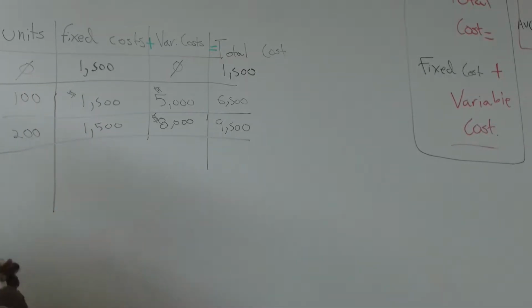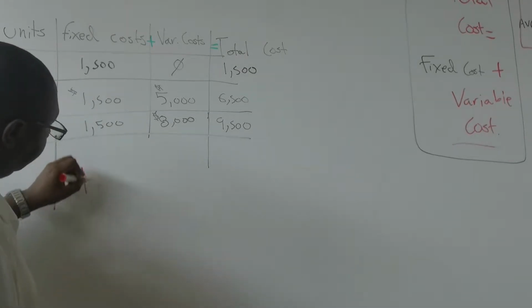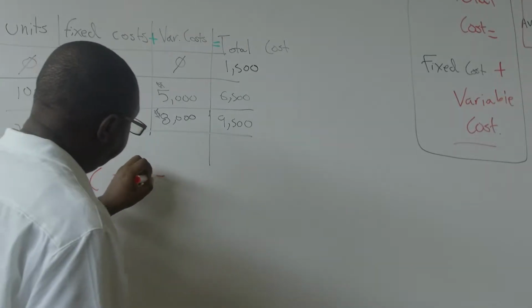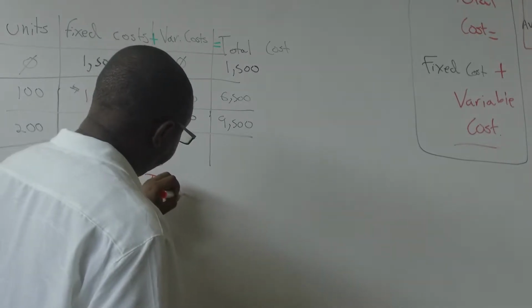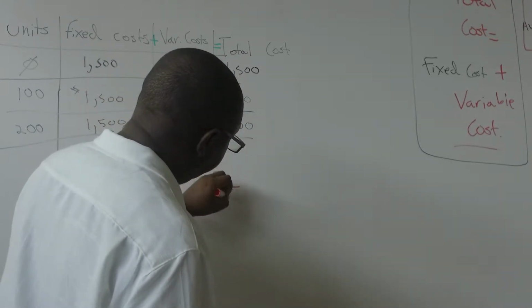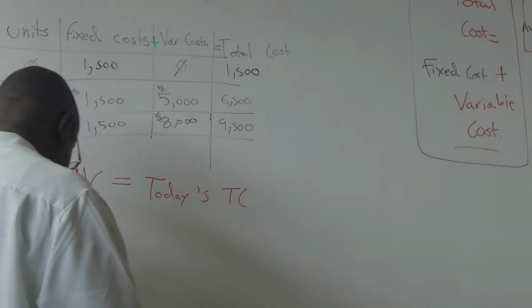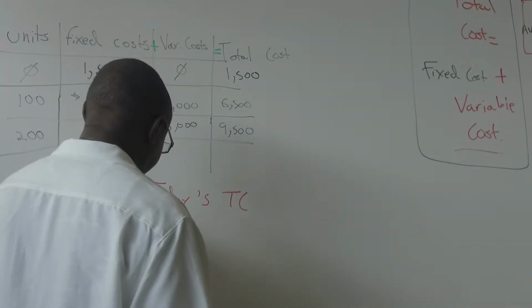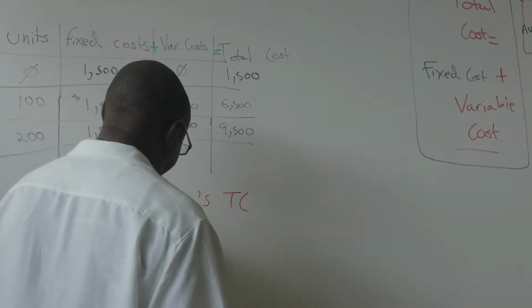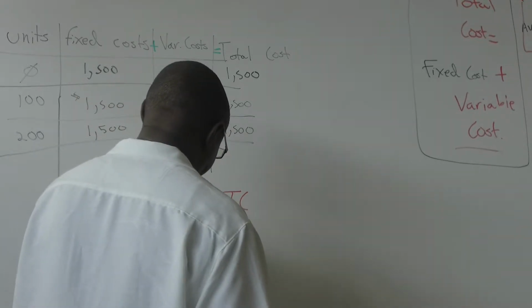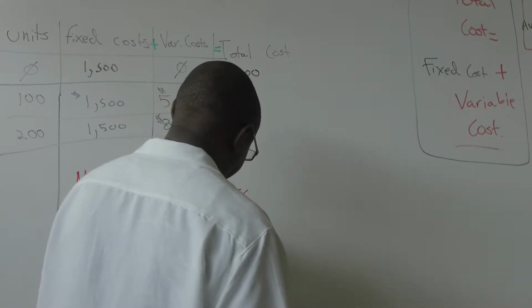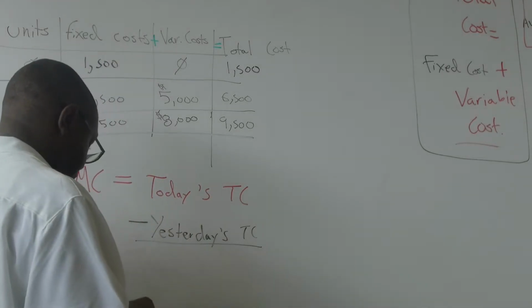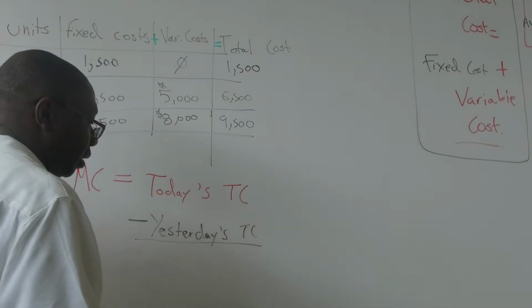Marginal cost equals today's total cost minus yesterday's total cost. That's how you get your answer.